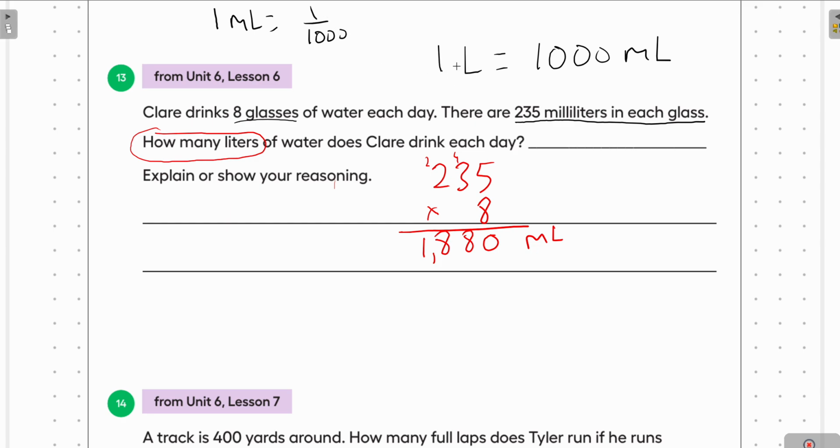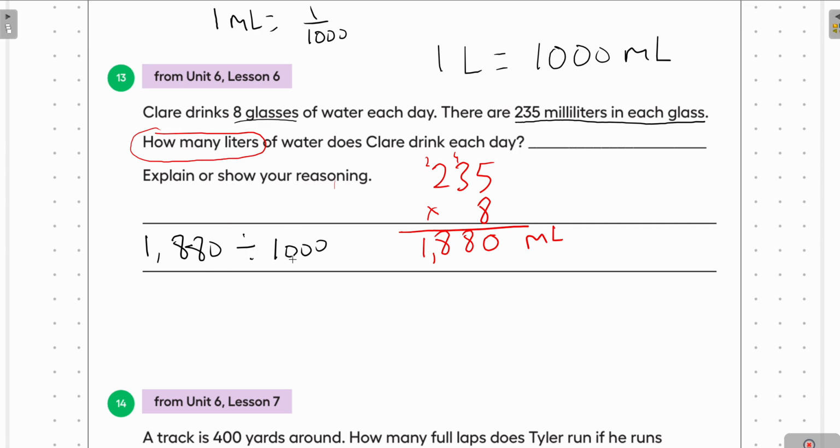So that means that we have to divide by 1,000, right? So that means we have to do 1,880 divided by 1,000.